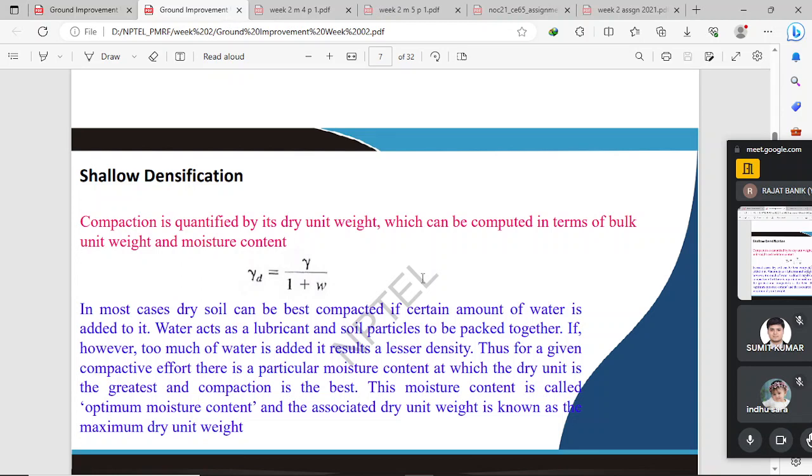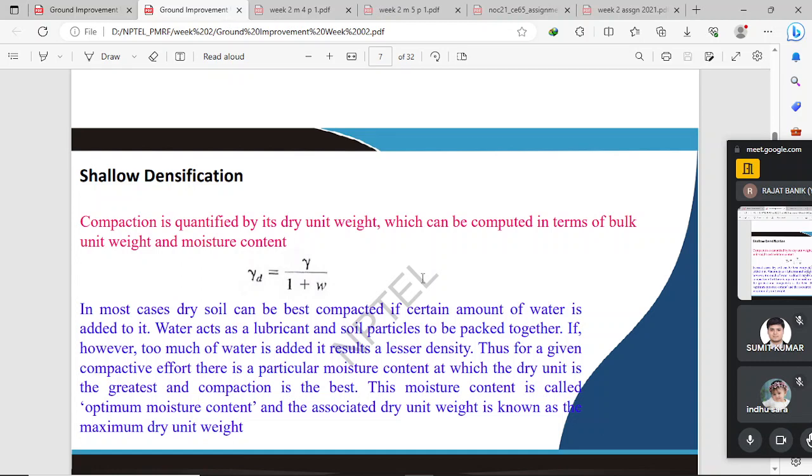A water film is created around every soil particle, and the effective particle size becomes bigger, so the volume is increased.